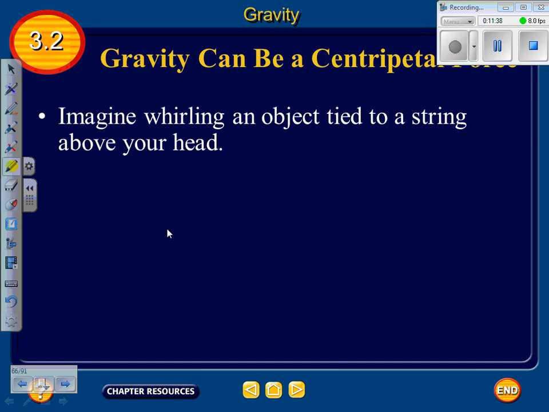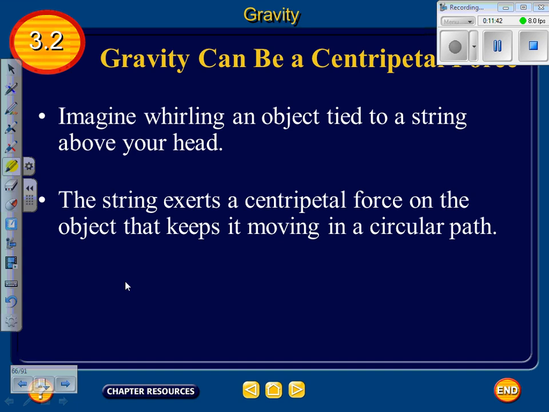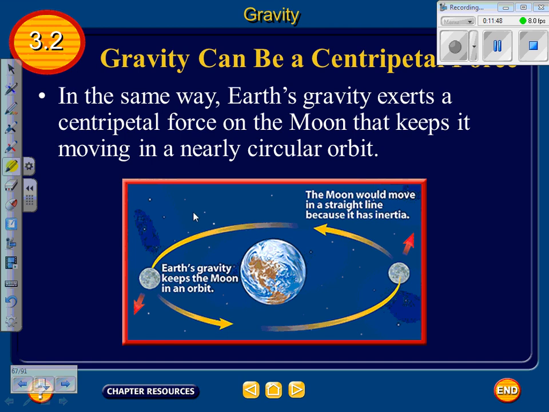Imagine rolling an object tied to a string above your head. The string exerts a centripetal force on the object that keeps it moving in a circular path. In the same way, Earth's gravity exerts a centripetal force on the moon that keeps it moving in a nearly circular orbit.